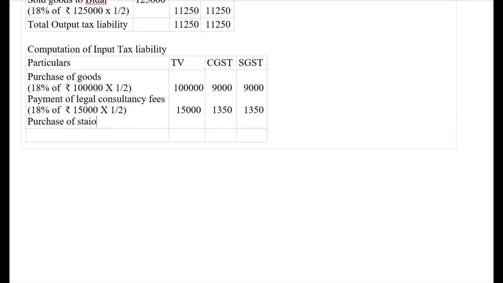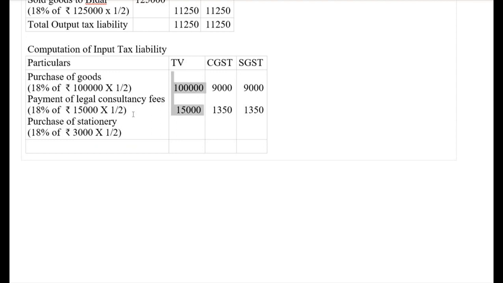Similarly, we have got one more here, that is a purchase of stationery. That comes to 18% of rupees 3,000 into 1/2. So that comes to 270. Oh, sorry, not here.